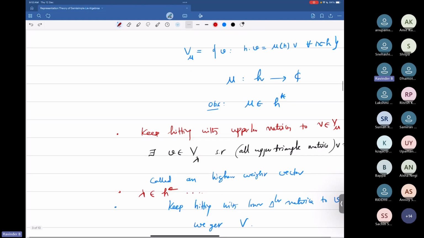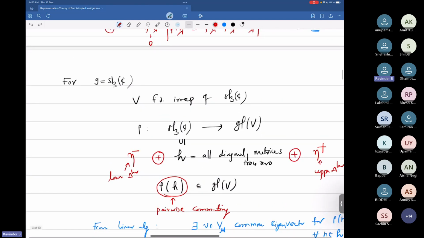So I want to do the same setting now for any semi-simple Lie algebra. For that purpose, I need something analogous to diagonal matrices, something analogous to upper triangular matrices, and something analogous to lower triangular matrices. So I need this triangular decomposition for any semi-simple Lie algebra.